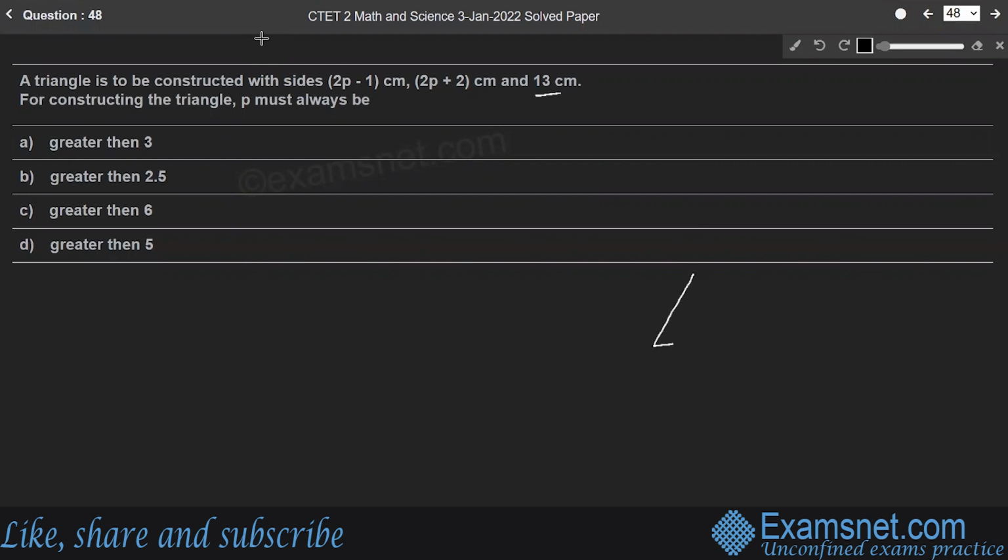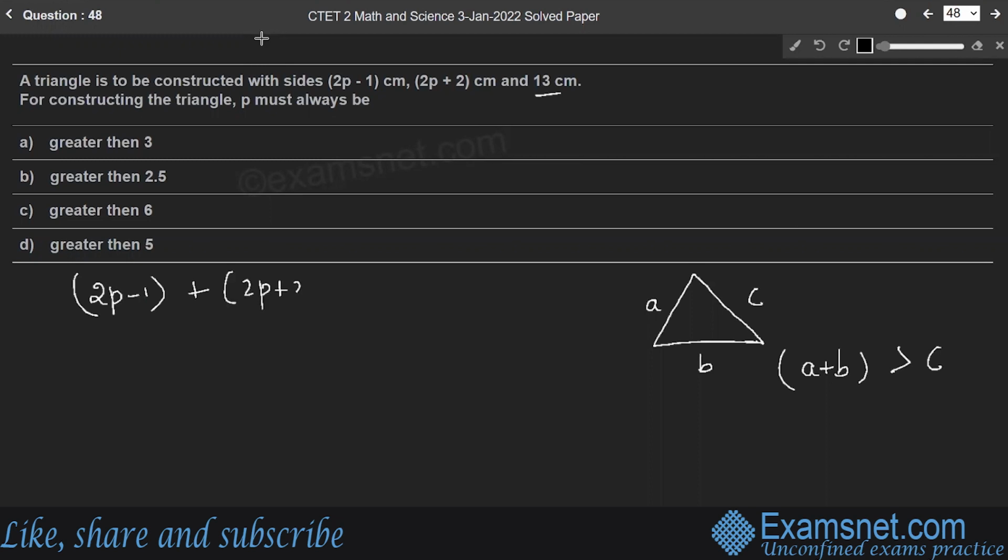If we consider a triangle whose sides are A, B and C, only if A plus B is greater than C, then the triangle can be constructed, right? So here also, only if the sum of 2p minus 1 and 2p plus 2 is greater than 13, this triangle can be constructed.